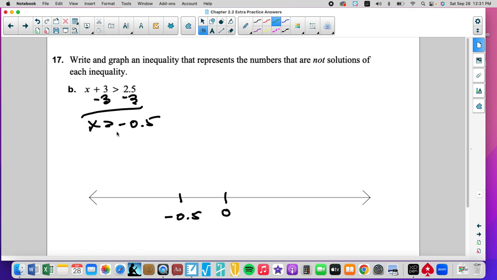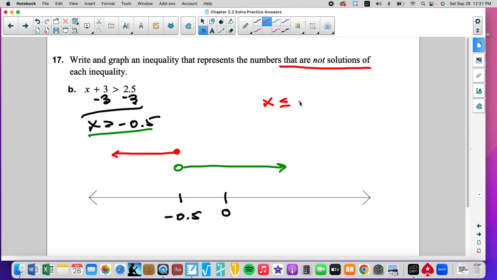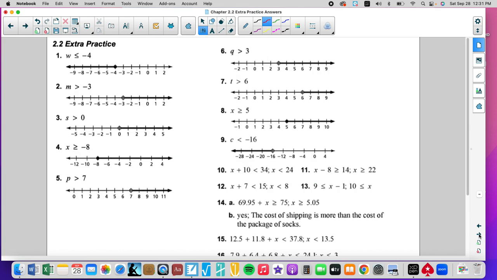If these are my solutions, it's going to be an open circle, greater than. So the ones that are not the solutions would be a solid circle going less than. And if I had to write an inequality for that, that looks like x is less than or equal to -0.5.